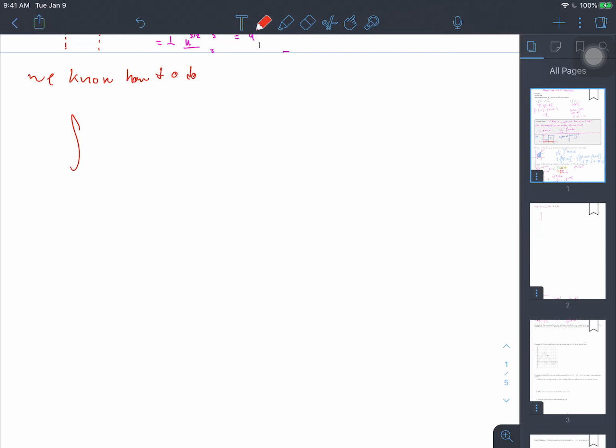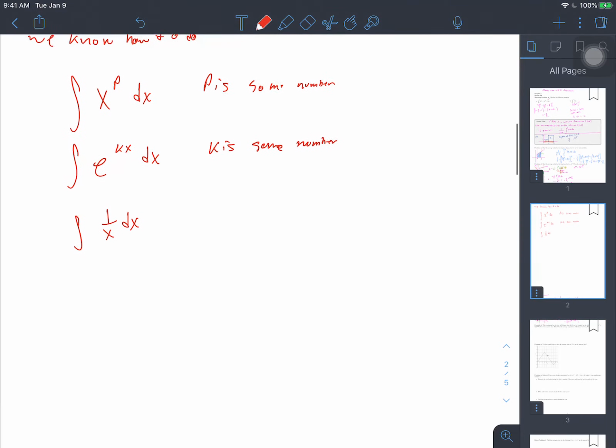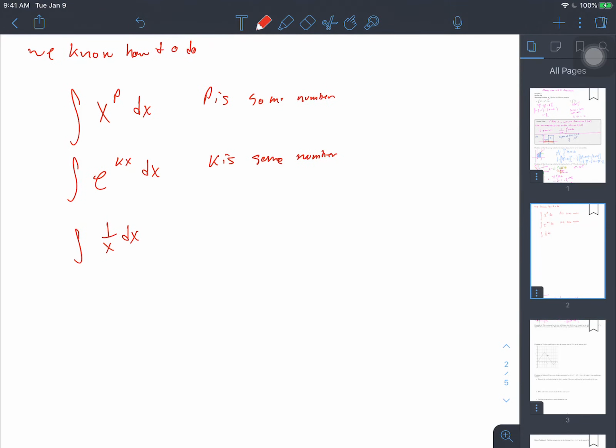We know how to do the integral of x to the p, where p is some number. We know how to do the integral of e to the kx, where k is some number. And we know how to do the integral of 1 over x. If we have a problem that doesn't look like one of these three things, we need to use u substitution. Okay?